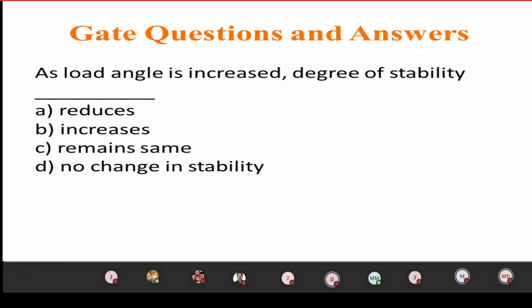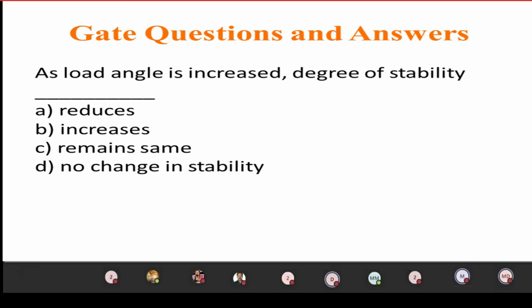So here we have four choices: reduces, increases, remains the same, no change in stability. So we know that the change in load angle definitely acts on the output.